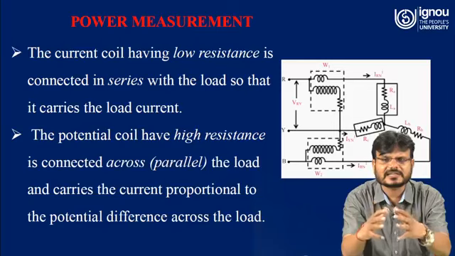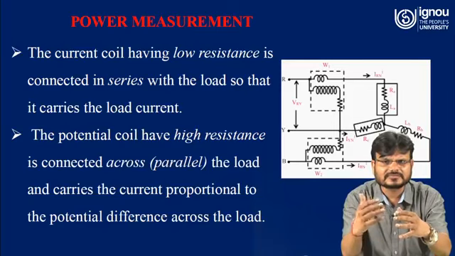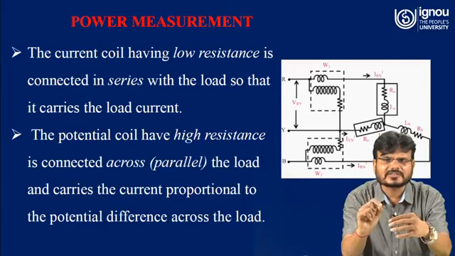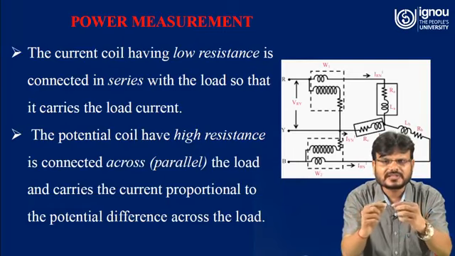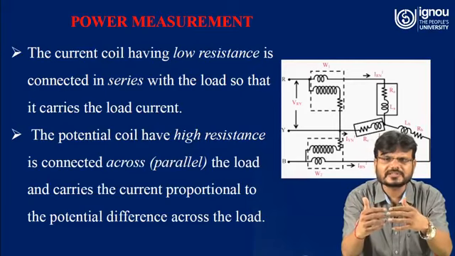As well, the diameter of the conductor in the current coil is more. Because R is equal to rho L upon A, the resistance of any wire is inversely proportional to the area of the conductor. And what is the area? Area is pi d square upon 4. So if the diameter of a conductor is more, the area is more.